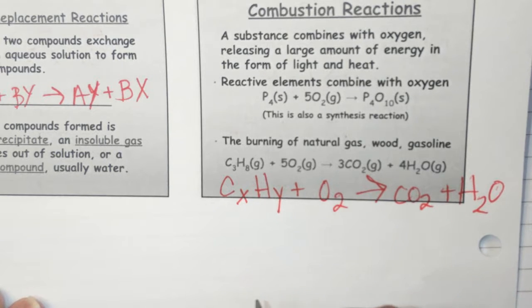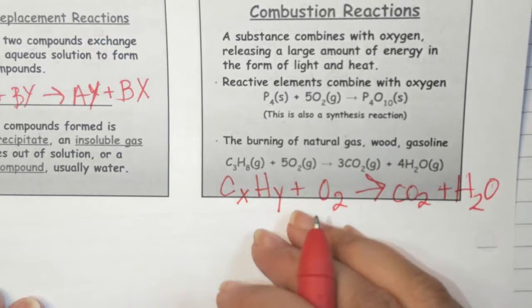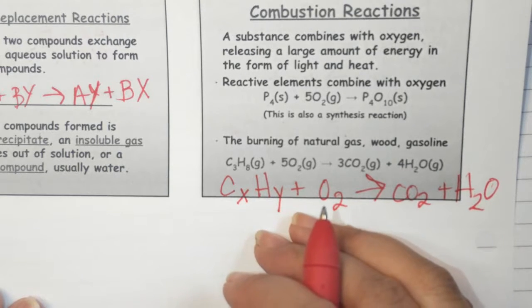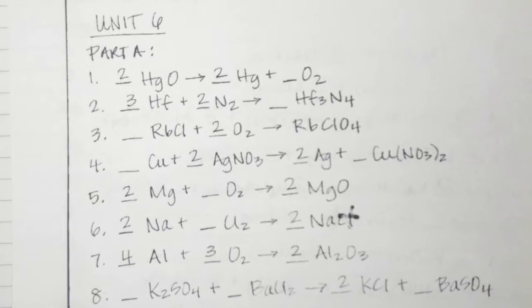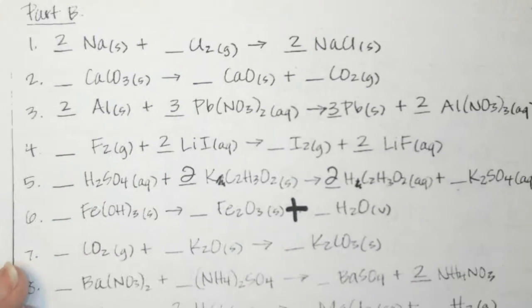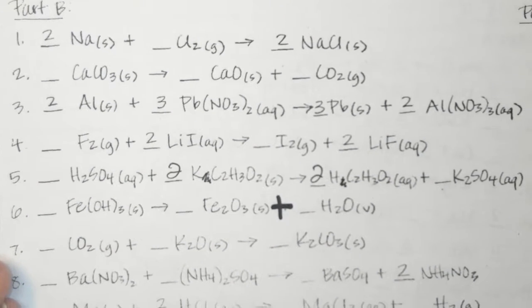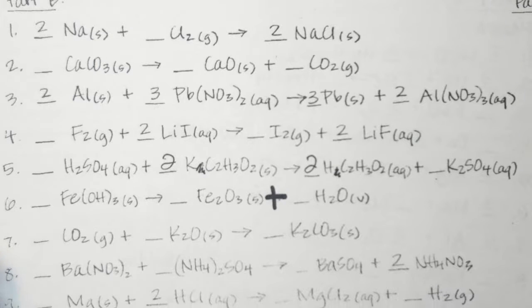Questions over the types, now that I've gone over them? Alright, so you guys were taking part B of your unit sheet, and you were identifying whether or not it was considered combustion, synthesis, single replacement, double replacement, or decomposition.